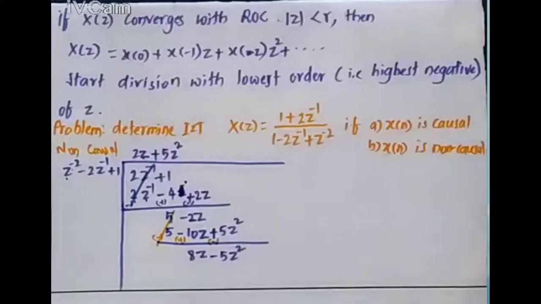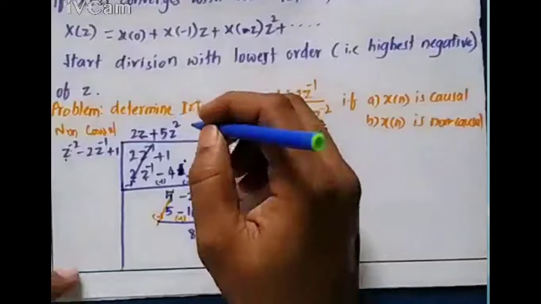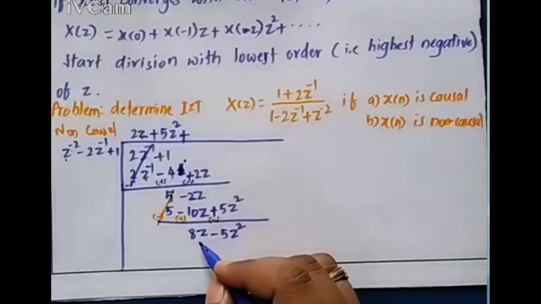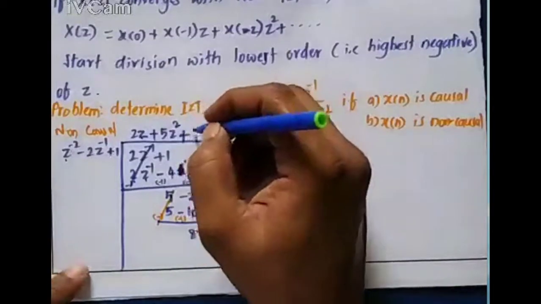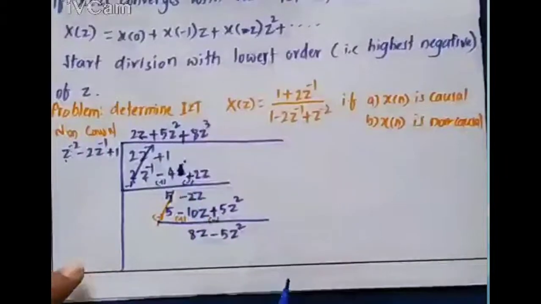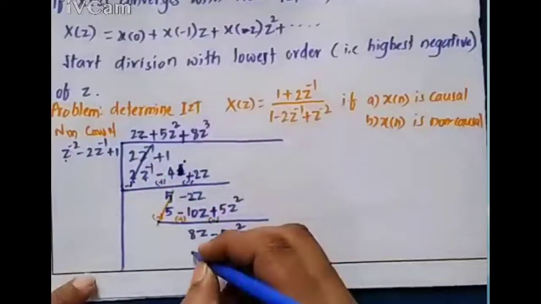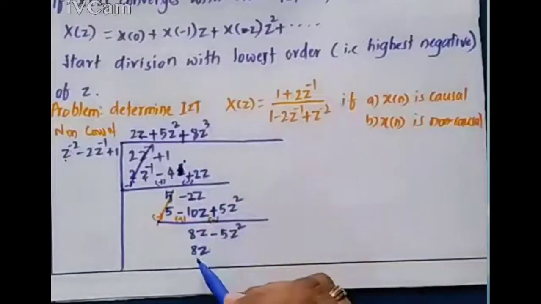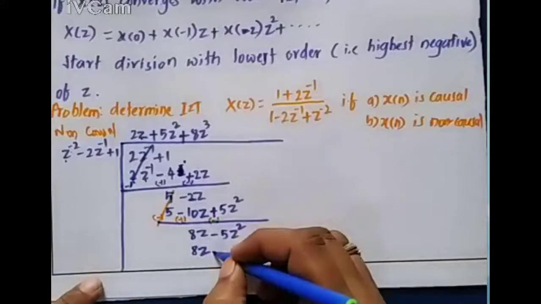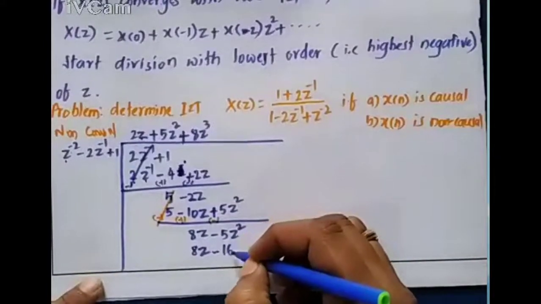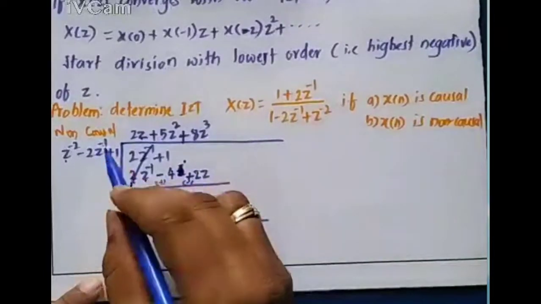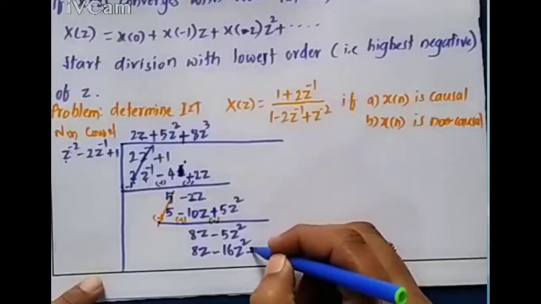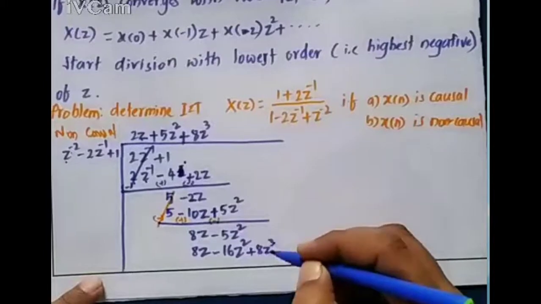Then what term do I have to multiply so that I will get 8z here? I should multiply with 8z cube. If I multiply with 8z cube, I will get 8z here, z power minus 2 will get cancelled, only 8z will remain. Then minus 16z square, here minus 2z power minus 1, and if you multiply with 8z cube, it will be minus 16z square plus 8z cube.